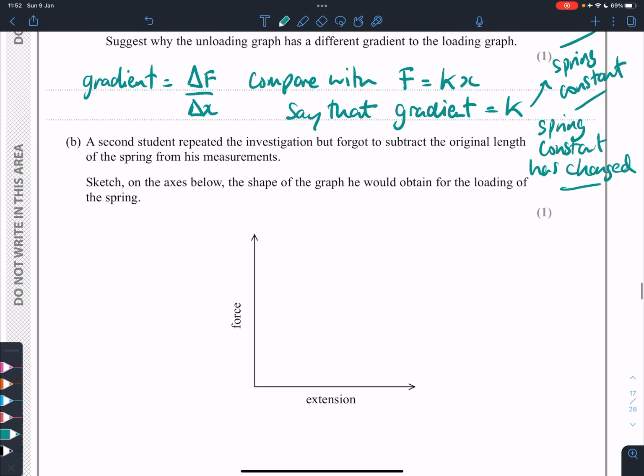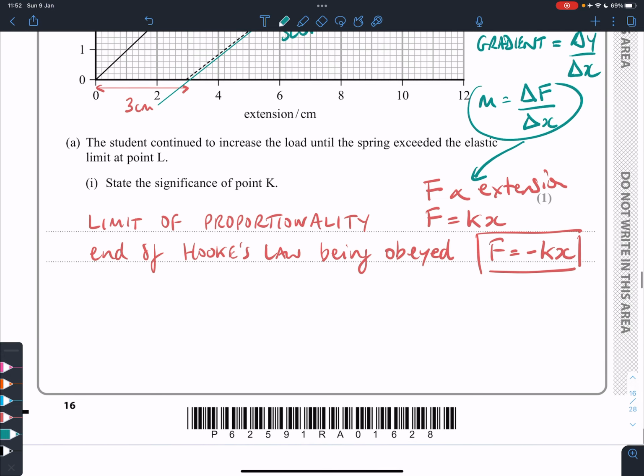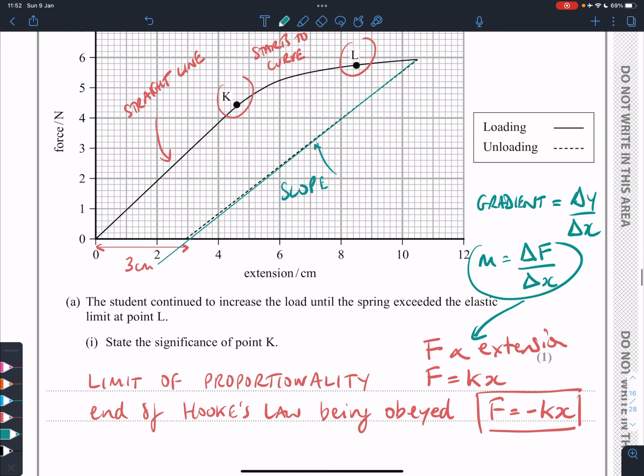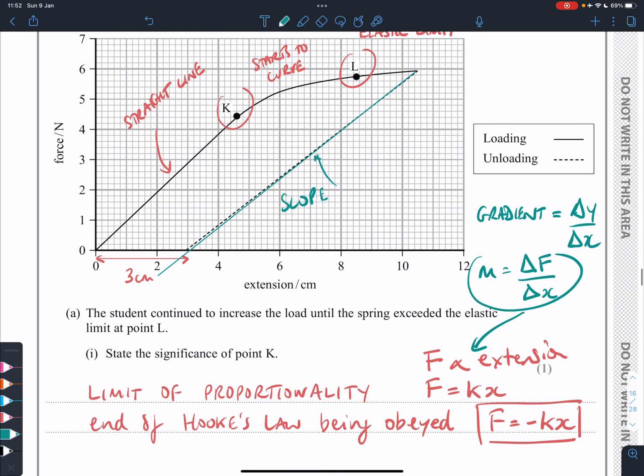A second student repeated the investigation but forgot to subtract the original length of the spring from his measurements. If you notice, this graph is extension, and the extension is 0 when the force is 0. But if you forgot to subtract, that means your numbers are going to be higher. We don't know exactly, but let's say the original length was, say, 10 centimeters.